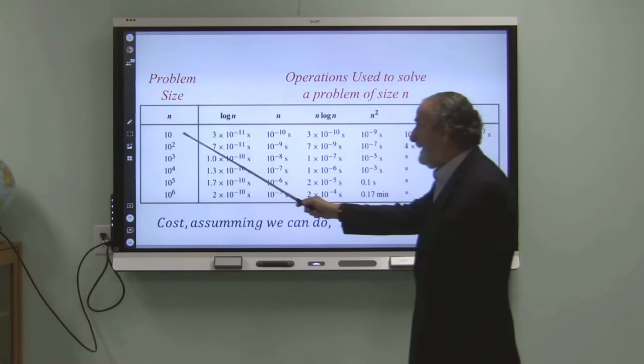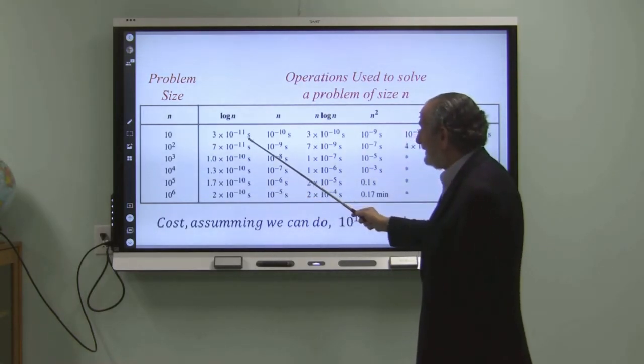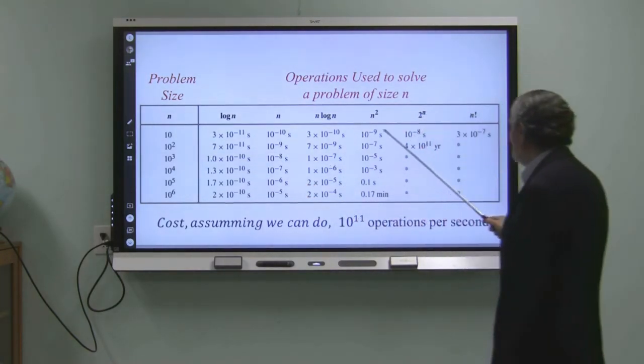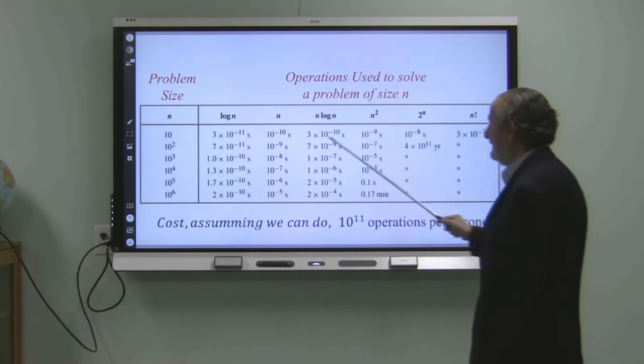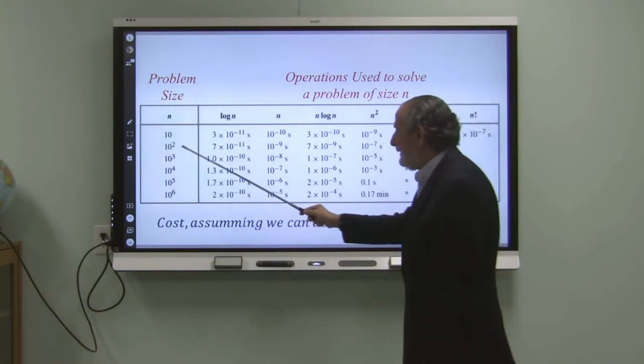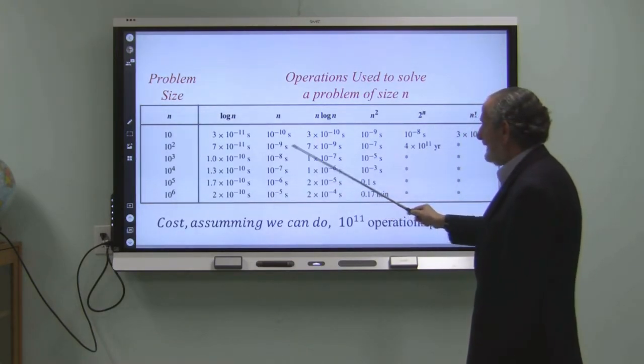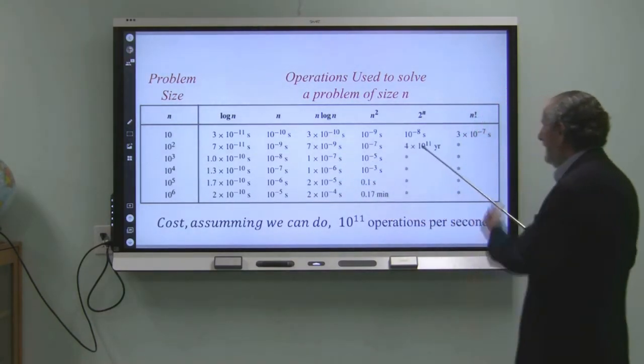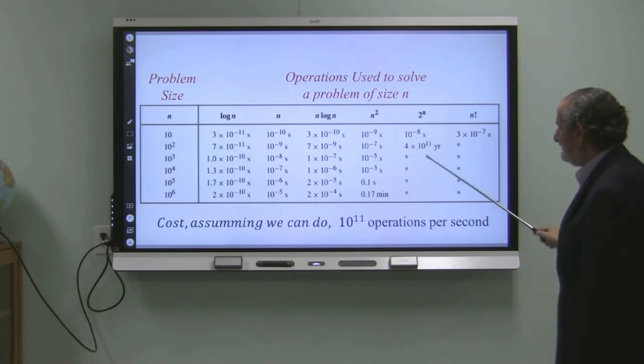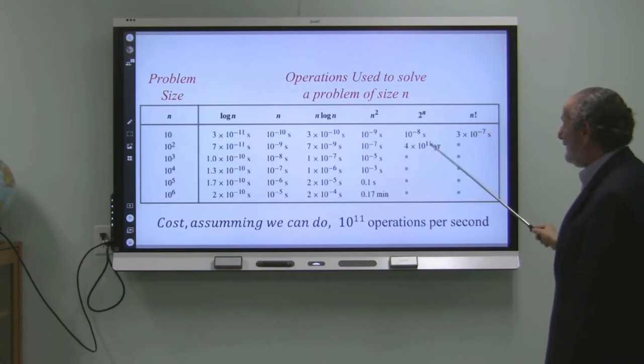So when n is 10, fraction of a second, all of these are really good. When n is 100, here's what happens. Fraction of a second. Here, 2 to the power n is 10 to the power 11 years. It's not a joke, years.